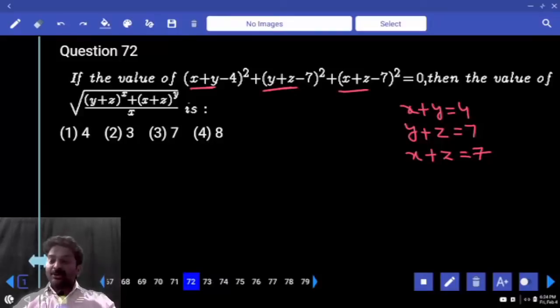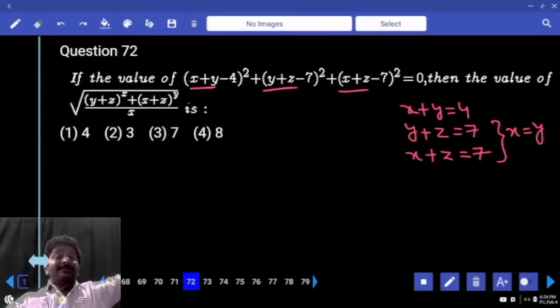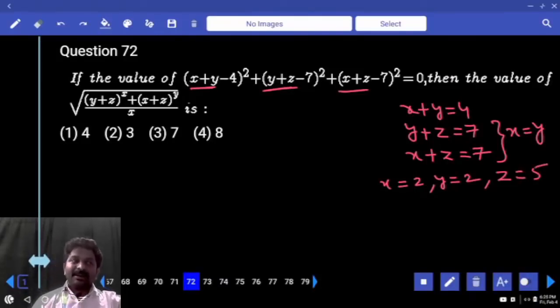Now look at these two equations where we have y plus z and x plus z, and both values are equal to 7. Correct? On the left hand side z is already common. Then from this statement we can make sure x must be equal to y, right? And we already know that x plus y is equal to 4. When both are equal, it is concluded that x is equal to 2, y is equal to 2. Then z is equal to, just substitute values over there.